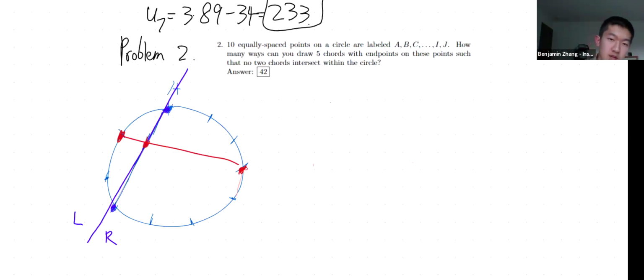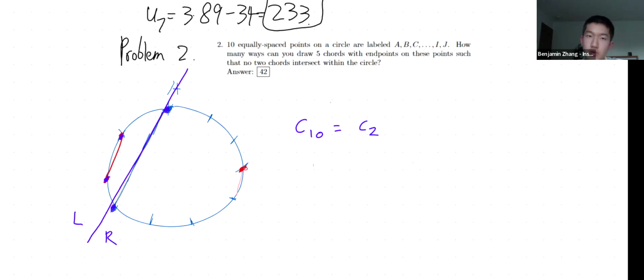So what this means is that we can only connect points from the left section or points from the right section. Since this is a recursion, we can pretty much guess that it will be related to recursion. So let's denote this as C of 10 first. After we use 2 points, in this specific example we have 2 points on the left, so this would be C of 2, because we want to pair 2 points on the left section.